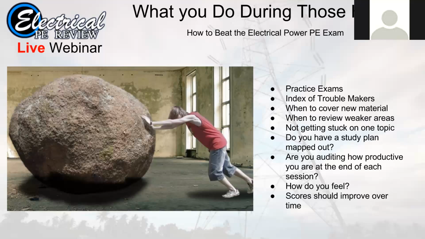Now, index of troublemakers. I hope that each and all of you, especially those that have watched the How to Pass series, but maybe not all of you watched it, I hope each and every one of you has, as the first sheet in your reference binder that you're going to take with you to the exam, an index of the troublemaker problems.